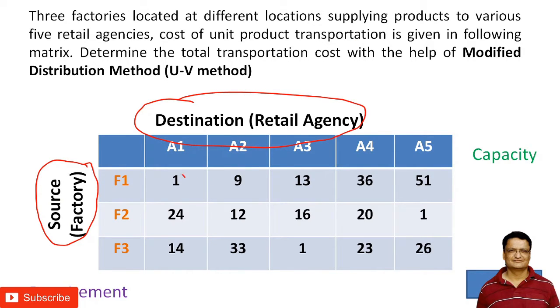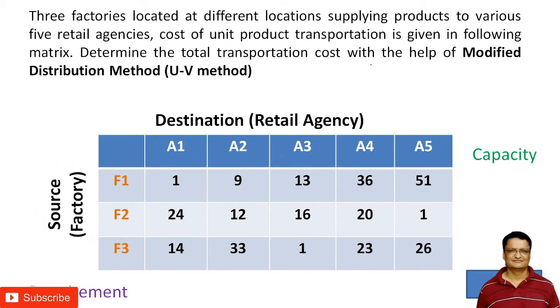So what does this 1 represent? 1 represents the cost of transporting one product from factory F1 to destination A1. This 9 represents the cost of transporting one product from F1 to A2, and likewise. And we have been asked to determine the total transportation cost with the help of the modified distribution method.